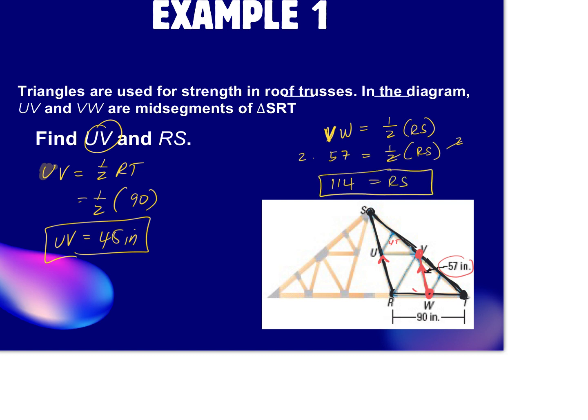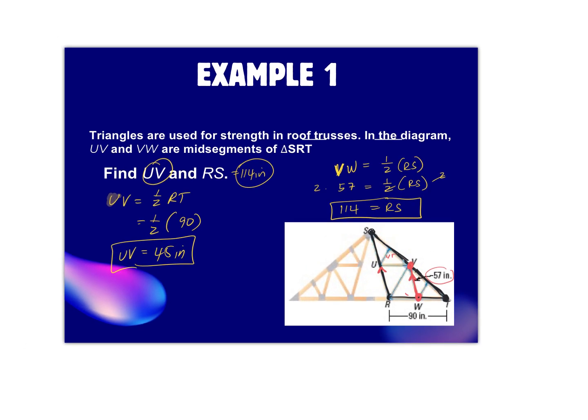So RS is 114 inches. Because just like I know VW is half of RS, I know RS is twice VW. So I can double VW and get my missing piece of information. So take your time when you do these and make sure that you are being very careful about which midsegments you're working with, which is the side that's parallel to it, which side is double the midsegment, or which midsegment is half of the side.